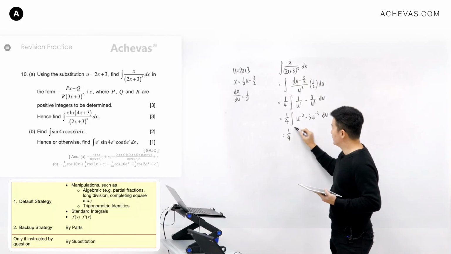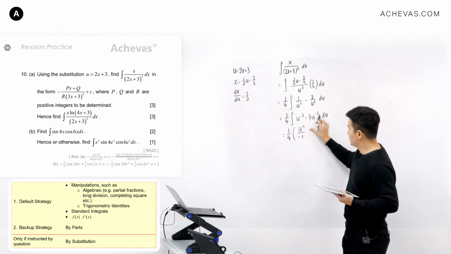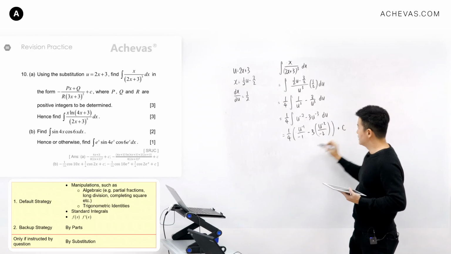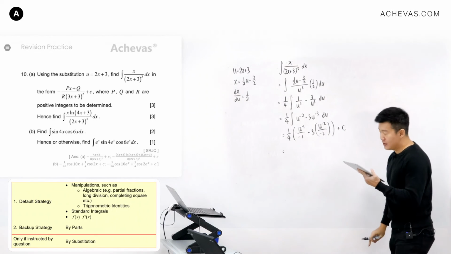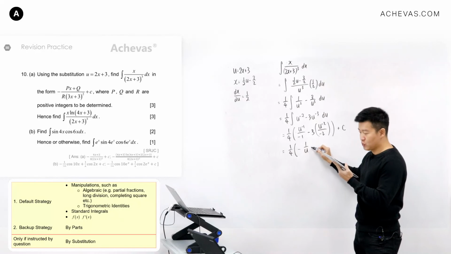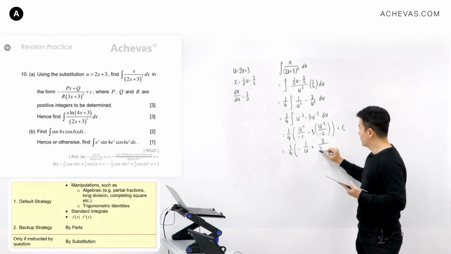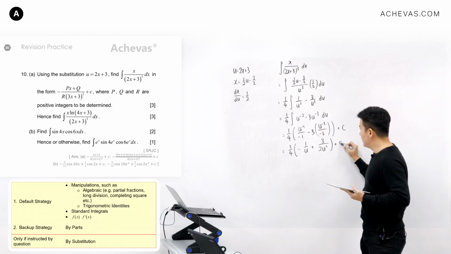It is 1/4 of u to the power of minus 1 divided by minus 1, minus 3 and u to the power of minus 2 divided by minus 2, plus c. So we have here 1/4 of minus 1 over u plus 3 over 2u squared plus c.